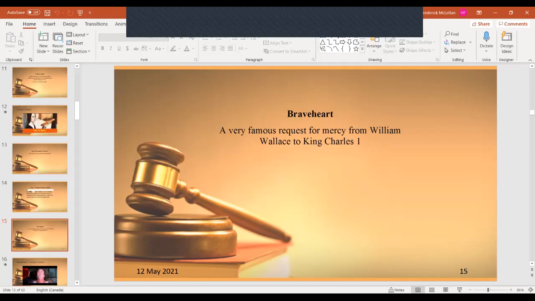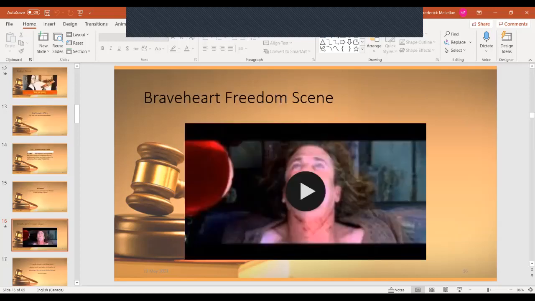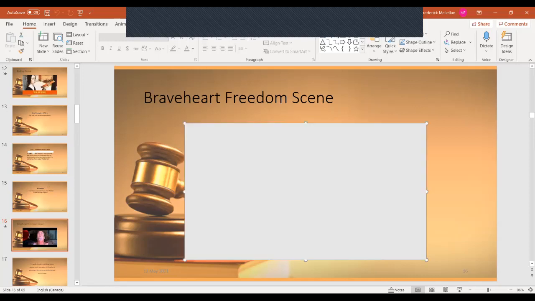And so now Sturgeon, who's the leading politician in Scotland, wants to have another referendum for Scotland to leave England. So this is something we're talking about again 700-800 years later. So this is Braveheart. This is the freedom scene. This is where the prerogative of mercy is at play.